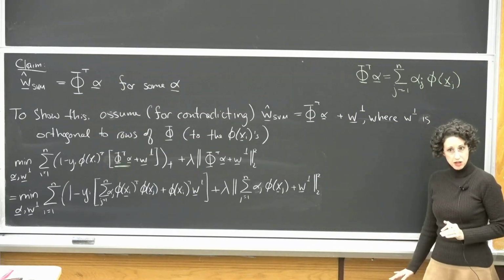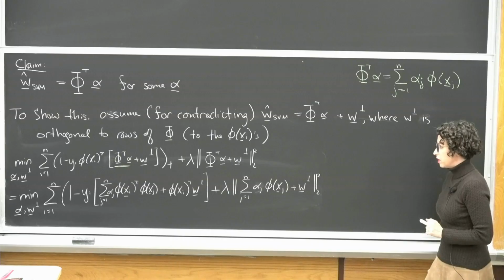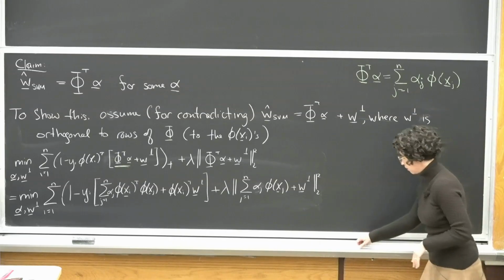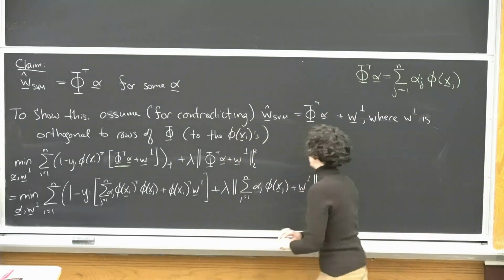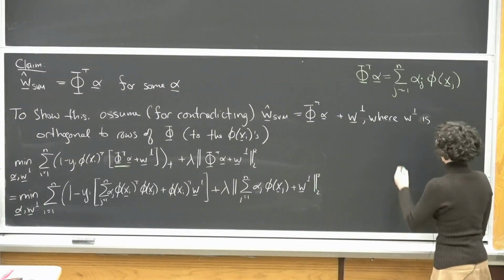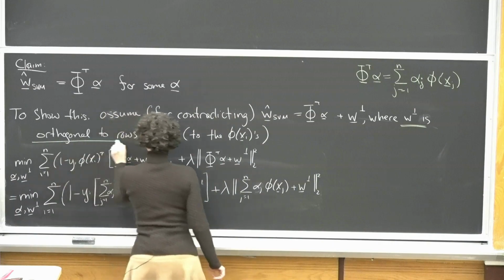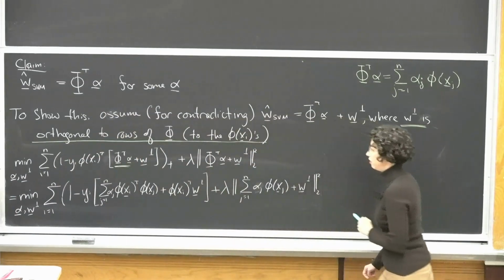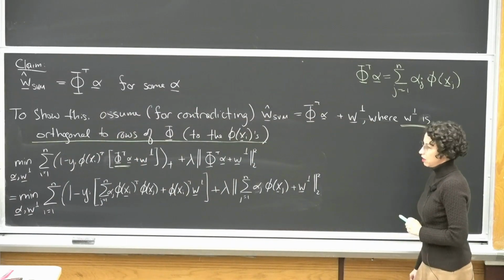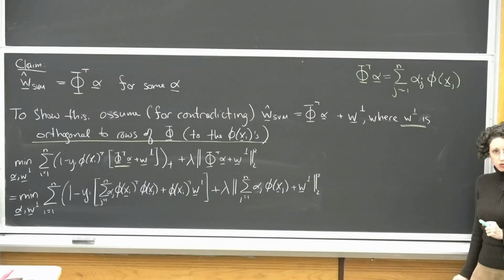Now that I've expanded this out, I see something extremely helpful. Remember that we assumed that w perp is orthogonal to the rows of capital Phi, to all the phi of xi's. Now we can use that information. So what can I simplify using that information at this point?